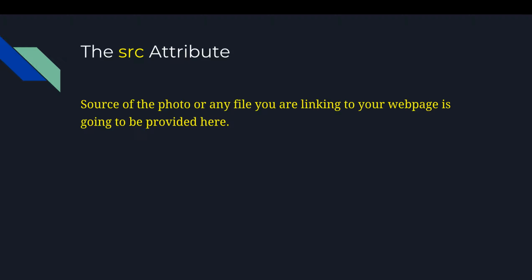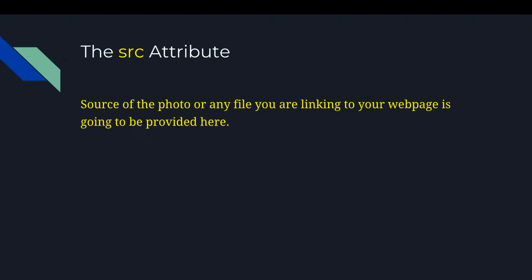For example, last time I created an image in my folder. I downloaded a white Porsche 911 photo, maybe, I can't remember the model, but I saved that photo, and then I provided the name of the folder, which was images/, and then the photo name, dot, the extension, which was JPG.